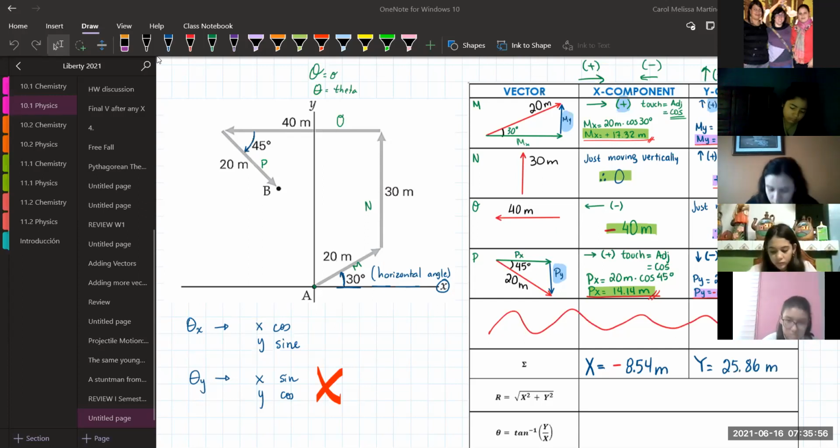Now we apply the formula for the resultant.